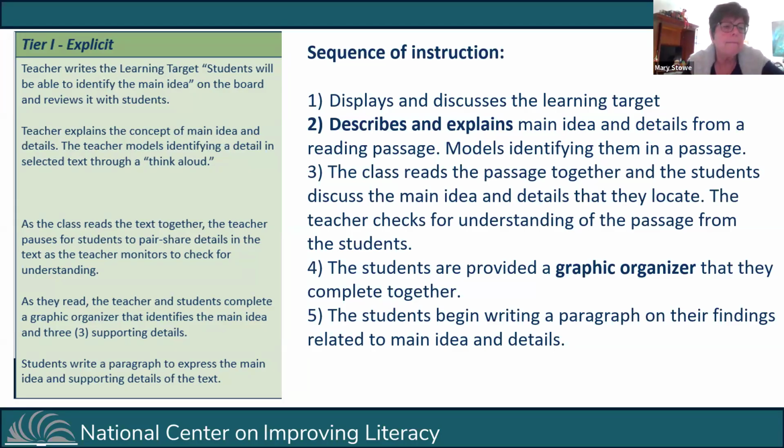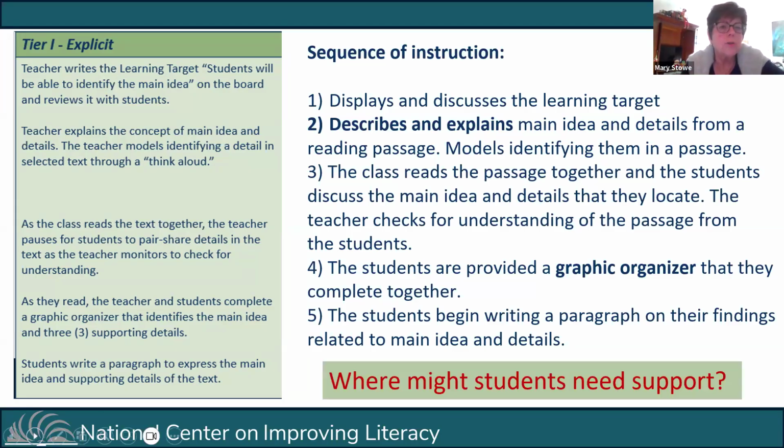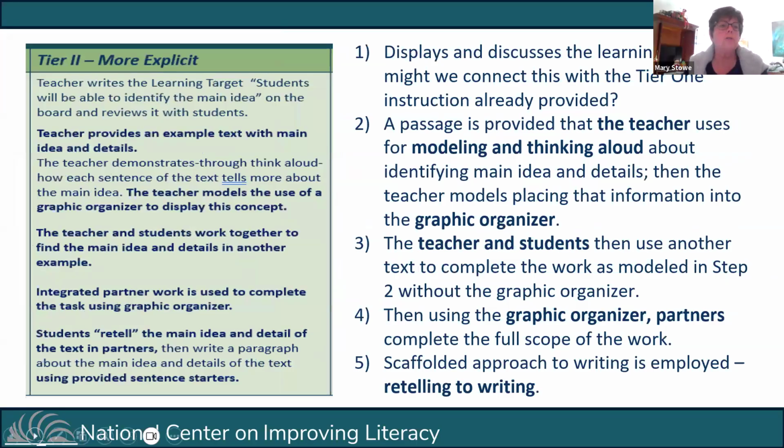Okay. Let's think about what they're doing now at Tier 2, where students might need a bit more support. What we notice is that the teacher will display and discuss the learning target. They are connecting with the instruction that was provided at Tier 1.